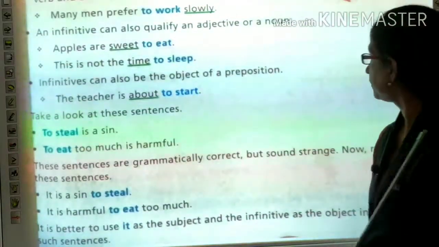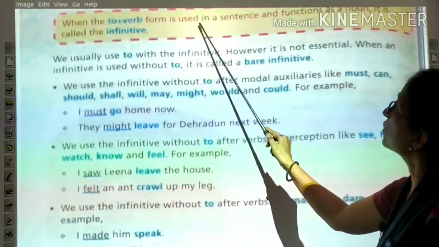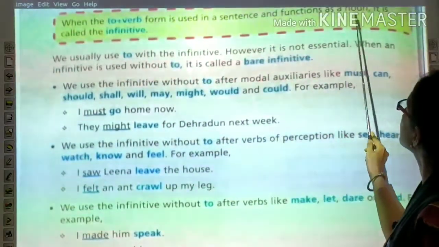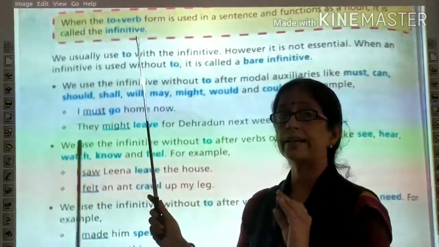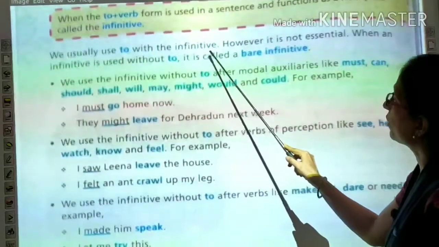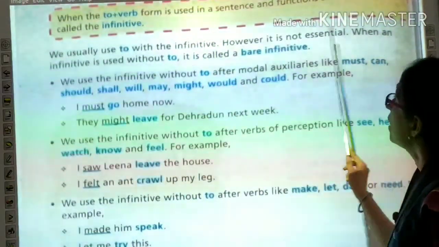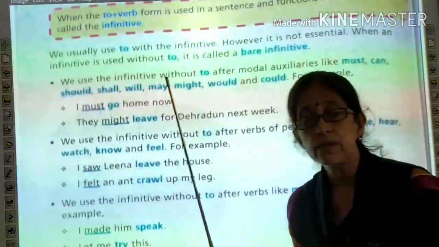Now next. When the to plus verb form is used in a sentence and functions as a noun, it is called the infinitive. I told you, to is attached to the verb, then it is called the infinitive. We usually use to with the infinitive, however it is not essential. When an infinitive is used without to, it is called a bare infinitive.